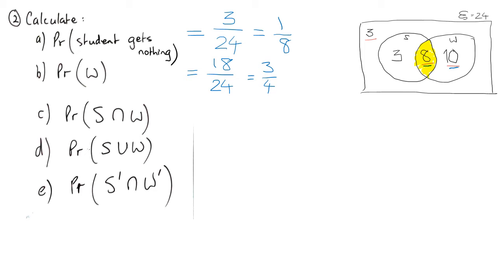So it means things where the snake event happens and the wasp event happens, so it's the people who receive both snakes and wasps. So all we've got to do again is carefully identify the right bits of our Venn diagram. We can see that there are 8 people in that intersection there. Out of 24, again, gives us a probability of 1 out of 3 when we simplify that.